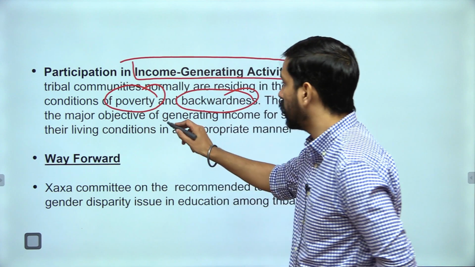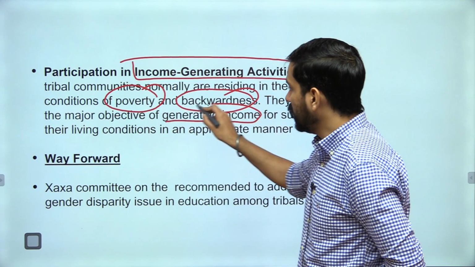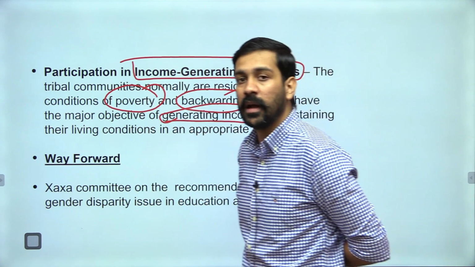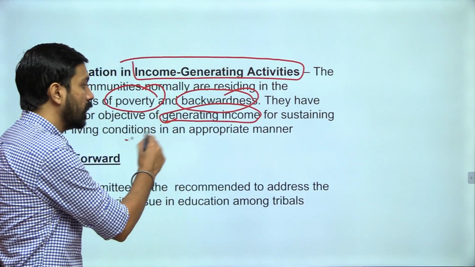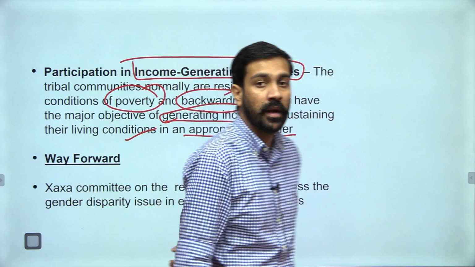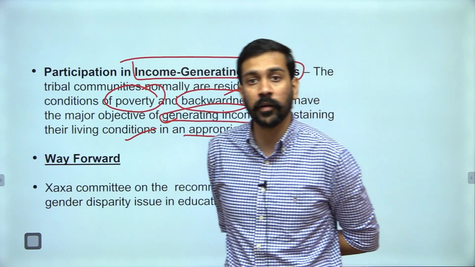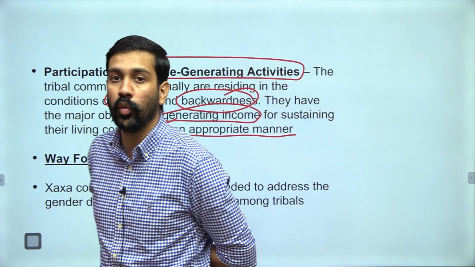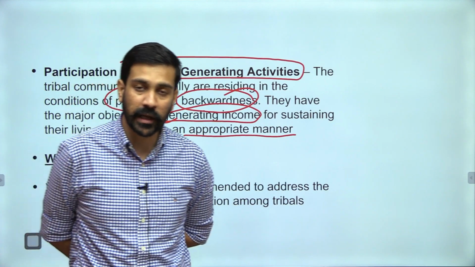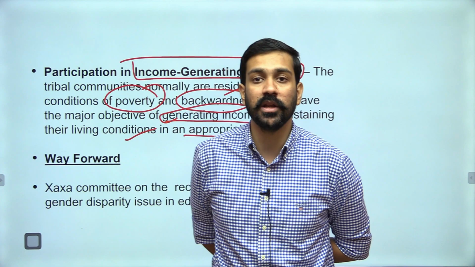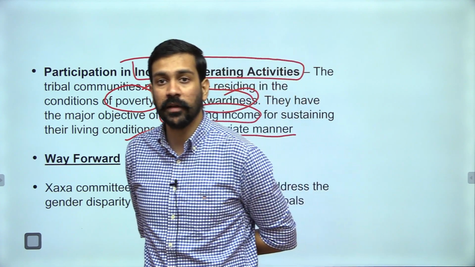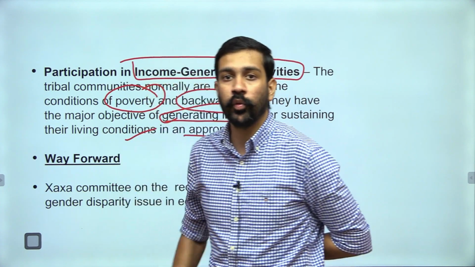The major objective for them is any source from where they can generate income for sustaining their livelihood in an appropriate manner. They think that instead of sending our children to school, we should make them work in any productive activity through which they can generate income and we can ensure our survival. That is one of the biggest issues.